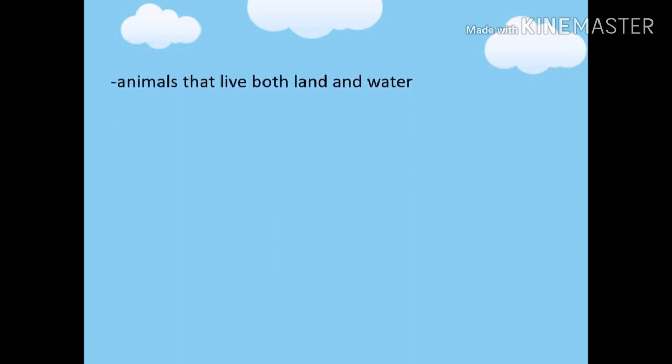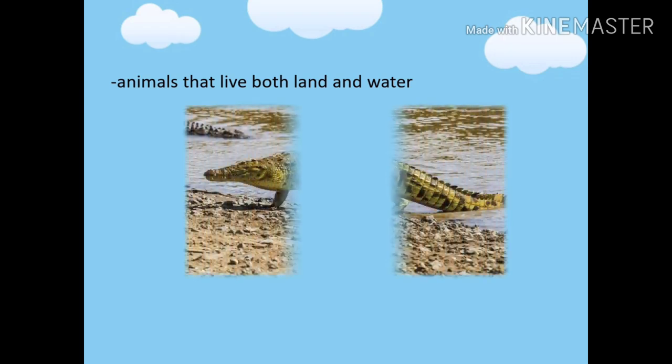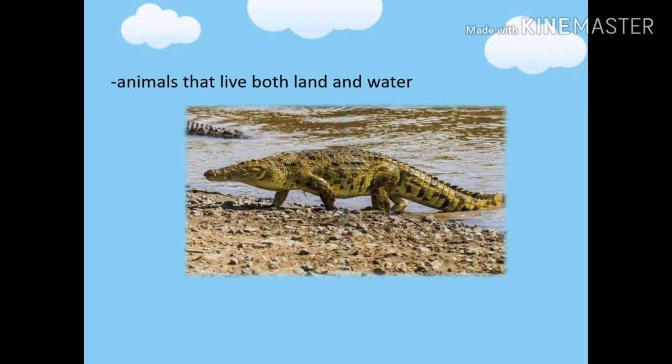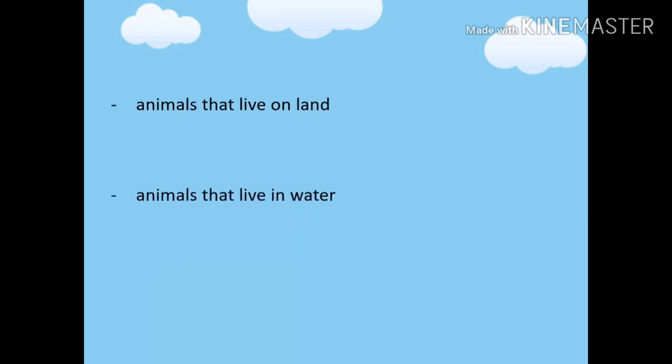We also have animals that live both on land and in water. We have crocodiles and also turtles. They spend their lives both on land and in water. Again, we have animals that live on land, animals that live in water, and animals that live both on land and in water.